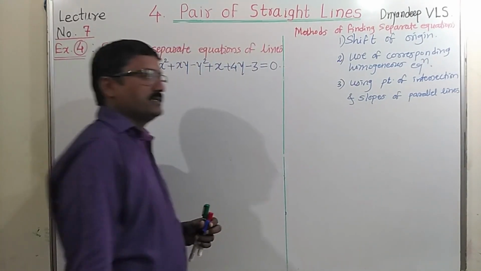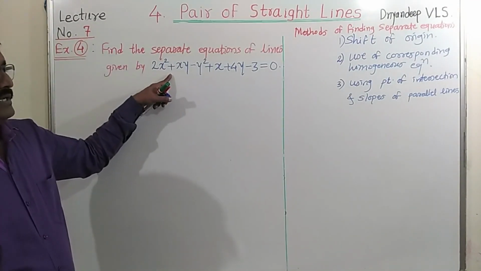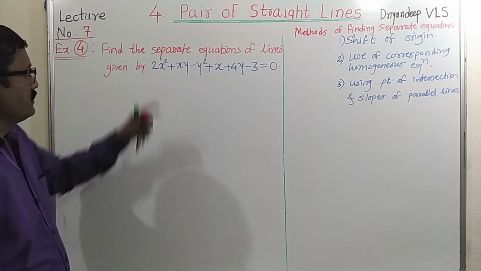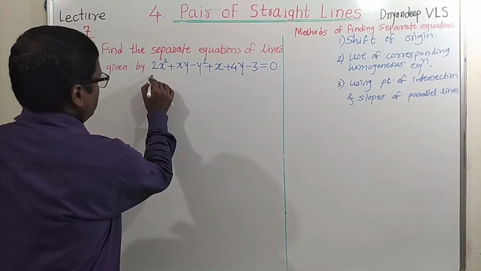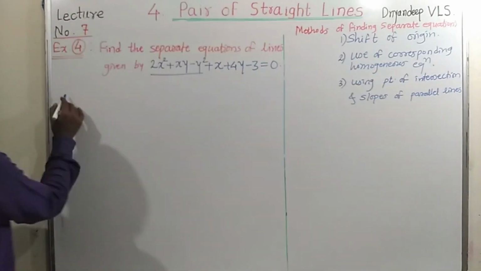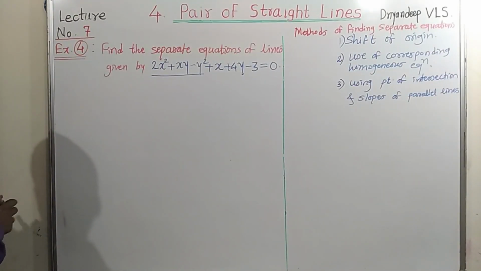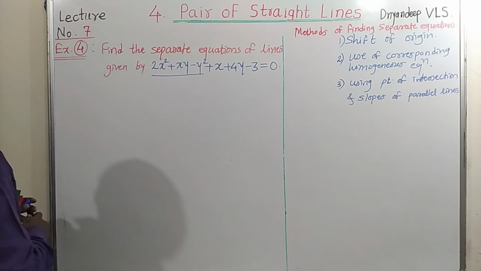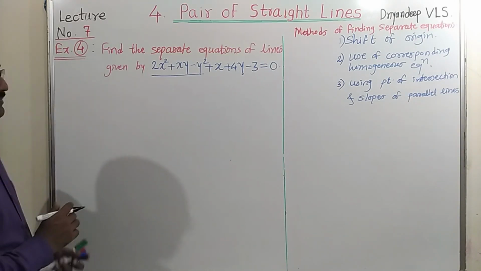Slopes of parallel lines means parallel lines to these two lines. So we know that the equation of parallel lines to these two lines can be obtained from the first 3 terms. Here, let us first try to find the slopes of the lines.